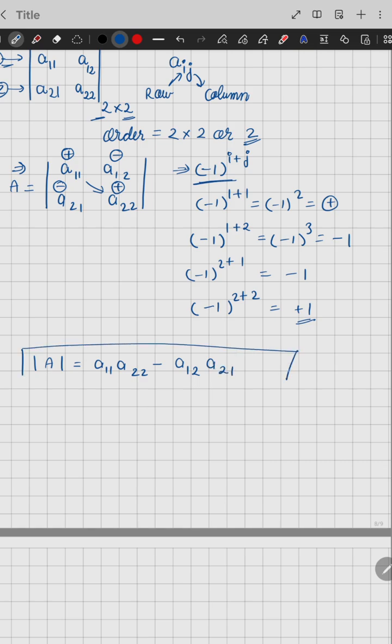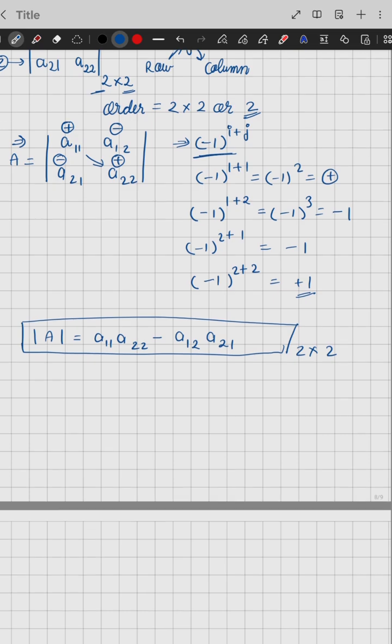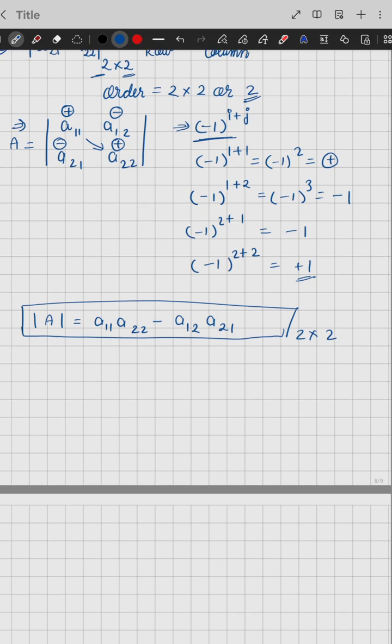This is the formula for calculating the determinant for a matrix of 2 cross 2. You don't need to remember the formula, you can just see the determinant and just put the values and use this concept of putting signs and multiplying.